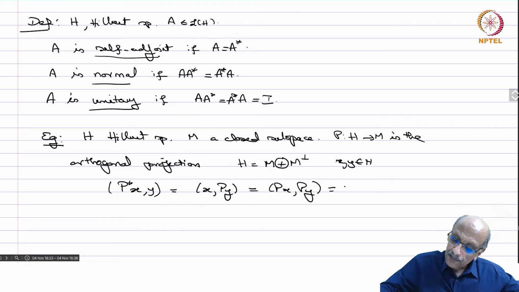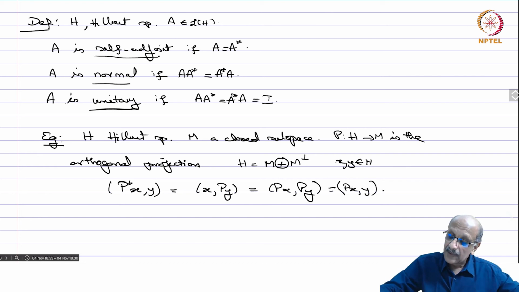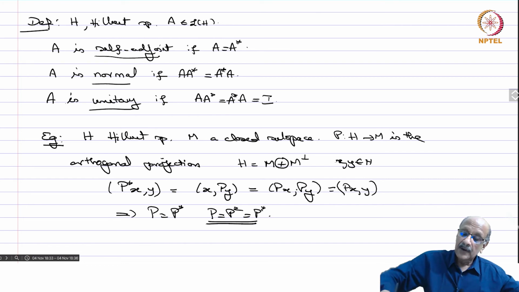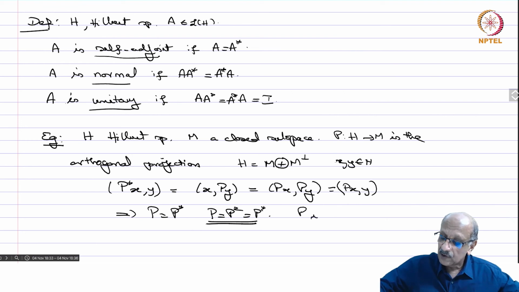Now Px, Py is nothing but Px, y, because again by repeated application of the definition of orthogonal projection, Px now belongs to M. So for all x and y this is true, so P equals P star, and of course P is a projection, therefore P equals P square equals P star. So P is self-adjoint.